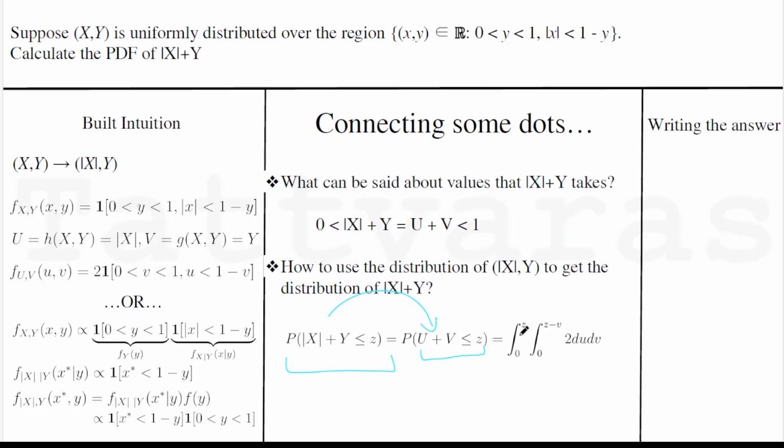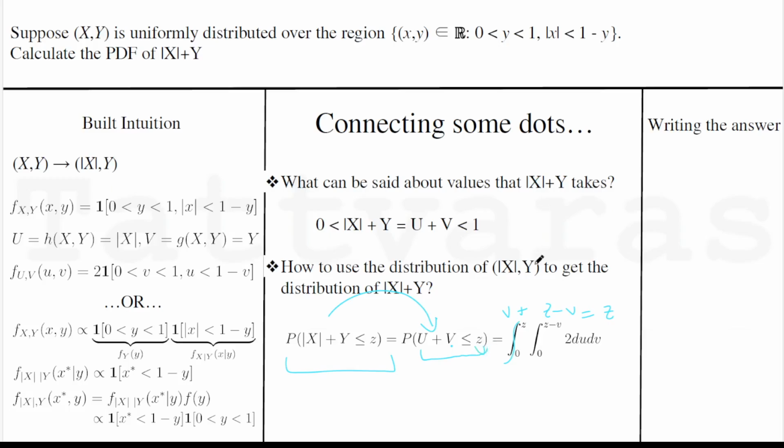And we can have the region represented by a nested integral where v is varying from 0 to z. And whatever value v takes, the value that u can then take is up till z minus v. Think about it. Because then the value that v took, say let's call it small v, plus z minus v would be z, which is the upper bound over here.